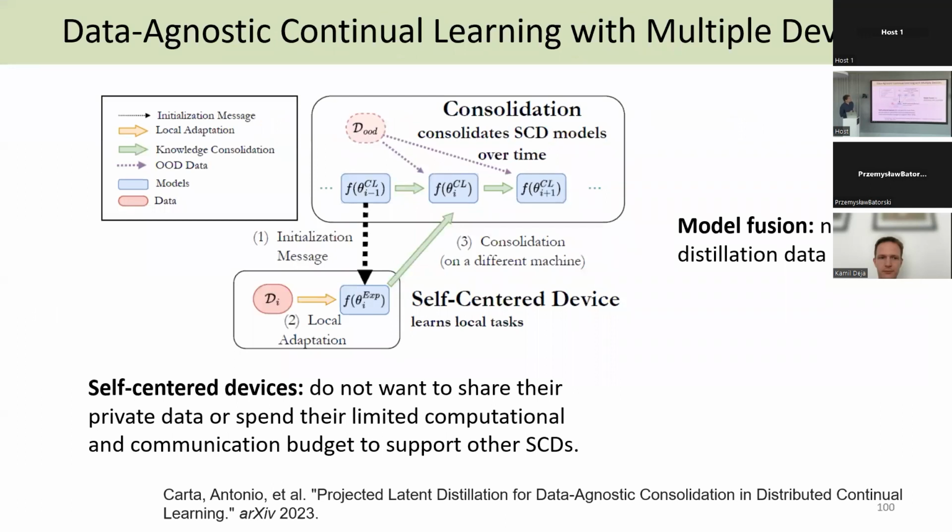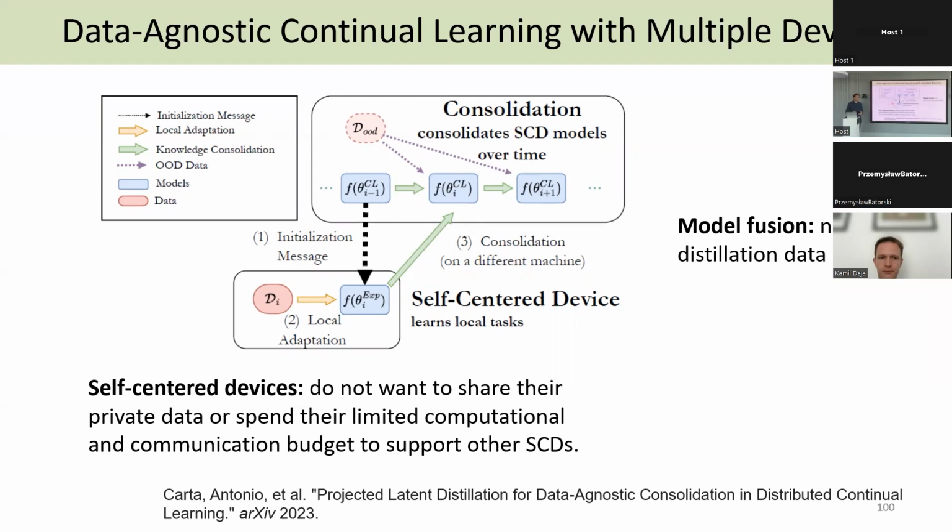One other paper we have now on arXiv in this multi-agent continual learning setting is one where we have what we call self-centered devices. It's more of an edge computation setting. You have a main model which you employ in a self-centered device which just wants to be good at what it aims to do.